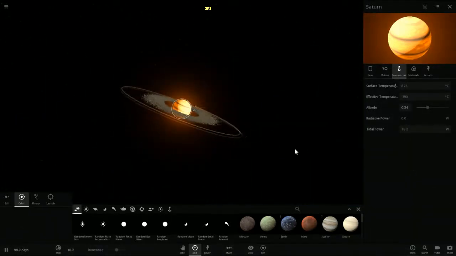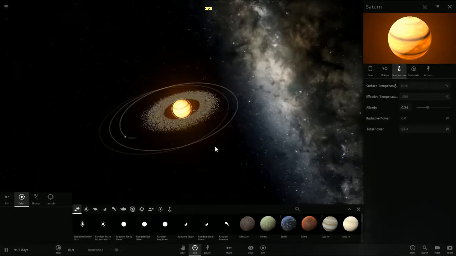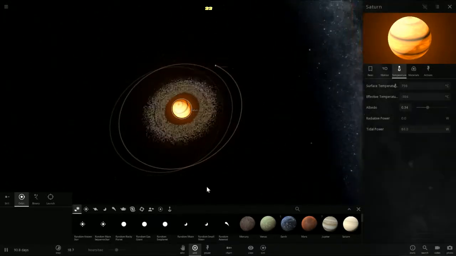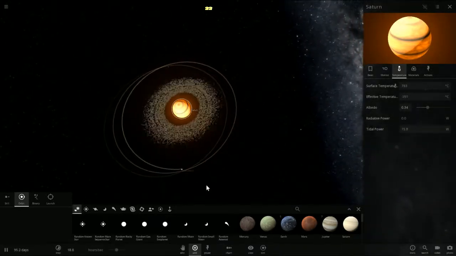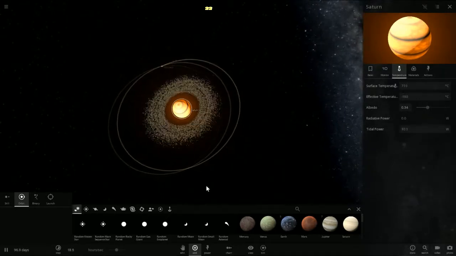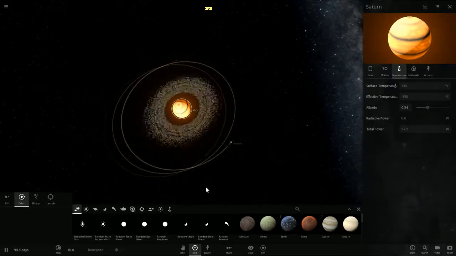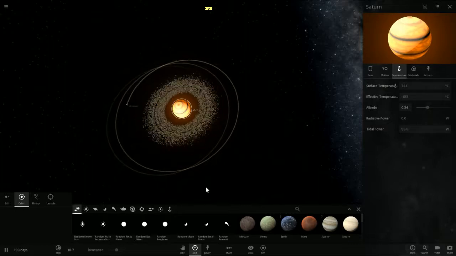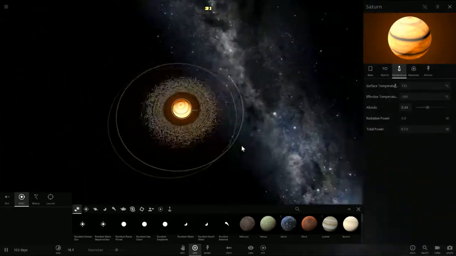I think it was about the size of Earth, because I've tested it with a moon the size of Mercury and a moon the size of Mars, and they didn't have the right gravitational tug to affect the rings.